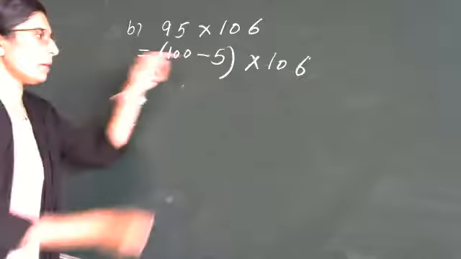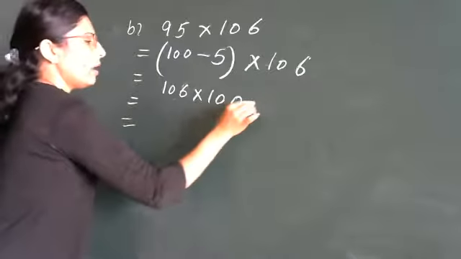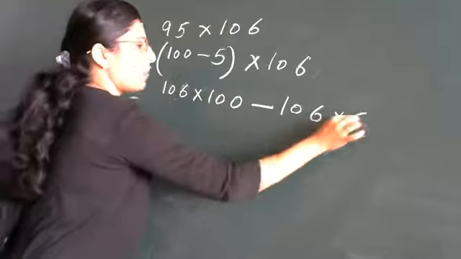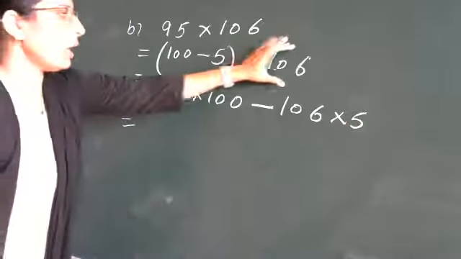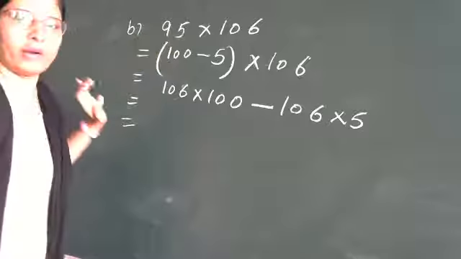So this we can multiply: 106 multiply with 100 minus 106 multiply with 5. Same method, 106 multiplying with 5 and 106 with 100.